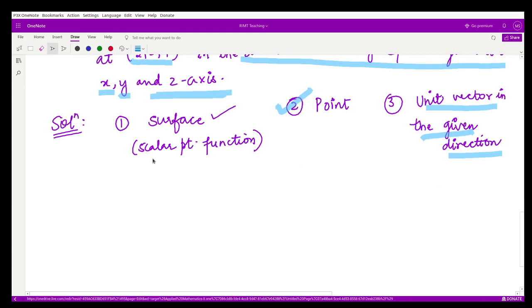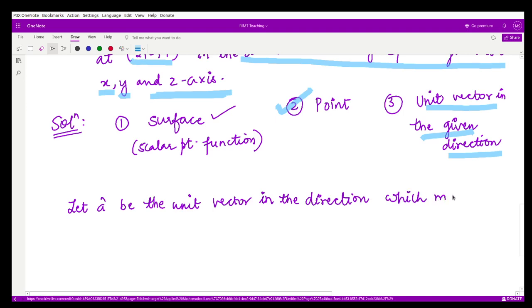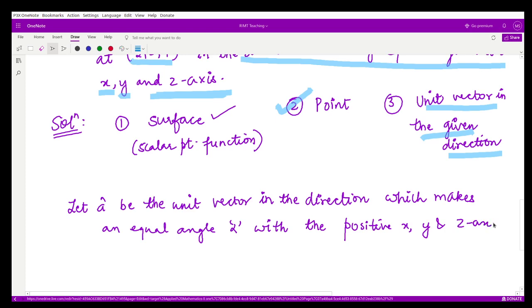Okay. So here, in order to determine that, if we assume a cap to be the unit vector, let a cap be the unit vector in the direction which makes an equal angle alpha with the positive x, y and z axis.